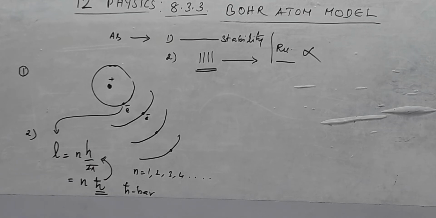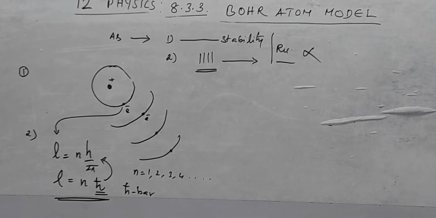This is the famous important concept that he introduced to explain the angular momentum of an electron while revolving in the orbit. h bar is nothing but h by 2 pi. This condition is known as the angular momentum quantization condition.